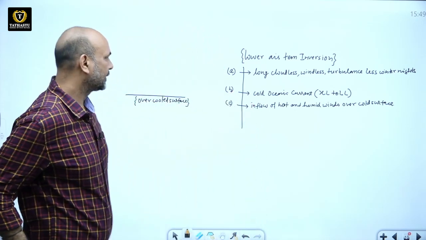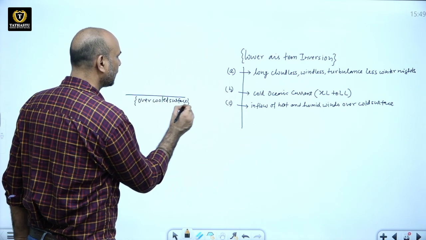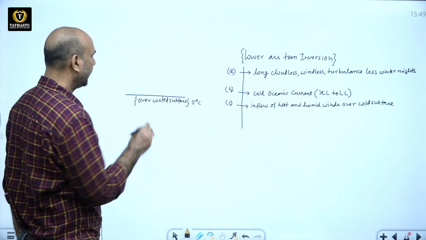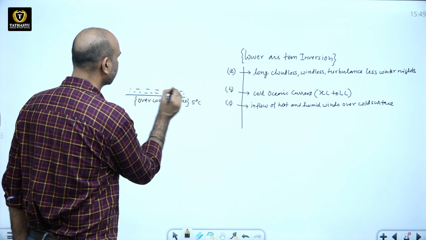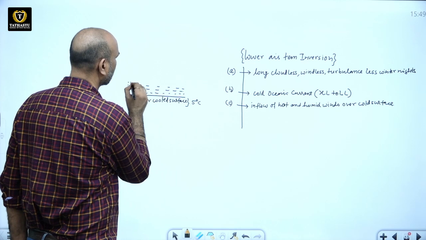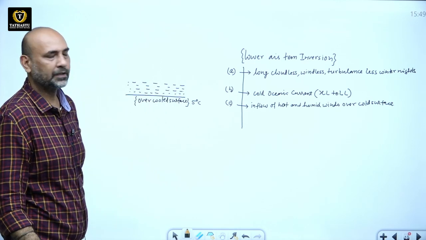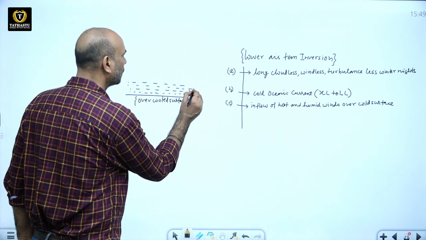So remember that in the lower part of the troposphere, suppose the overcooled surface temperature is 5 degrees centigrade. Air in contact with the overcooled surface in these three conditions, because it is in contact with the surface, with the flow of heat from the air to surface, is also cooled.